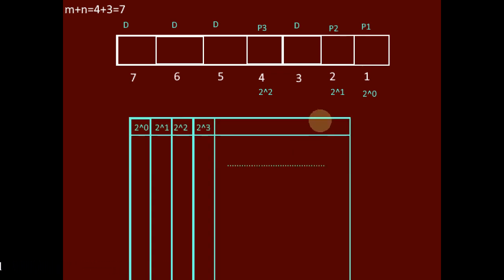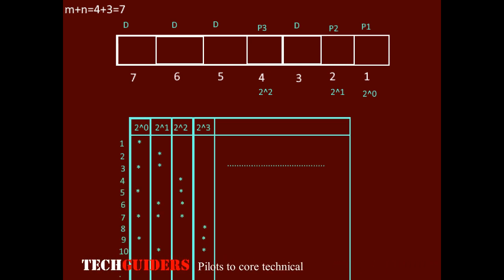Because every number can be represented as the sum of powers of 2, hence every bit position can be represented as the sum of powers of 2. For example, 1 is 2 to the power 0, 2 is 2 to the power 1, and 3 is 2 to the power 1 plus 2 to the power 0, 4 is 2 to the power 2, and so on.